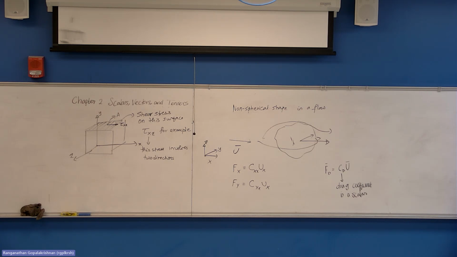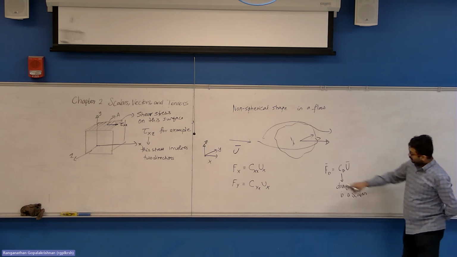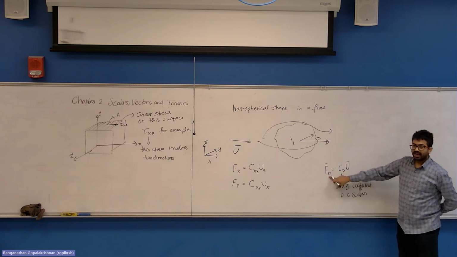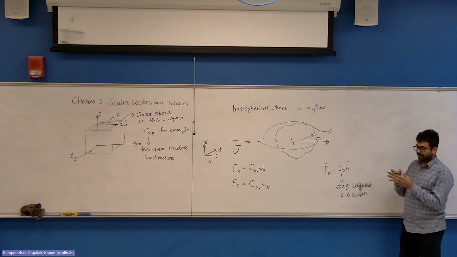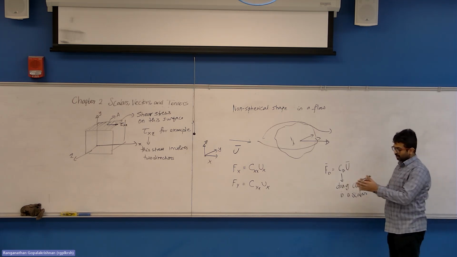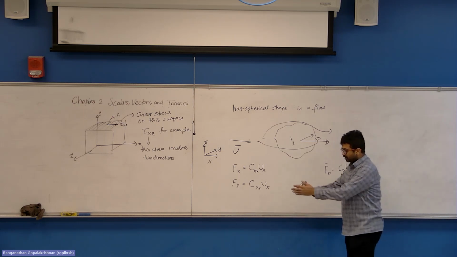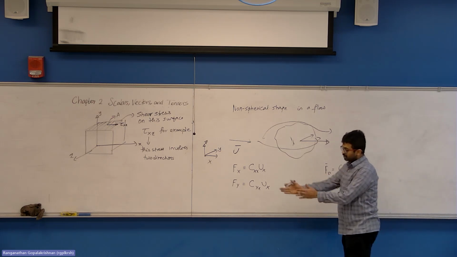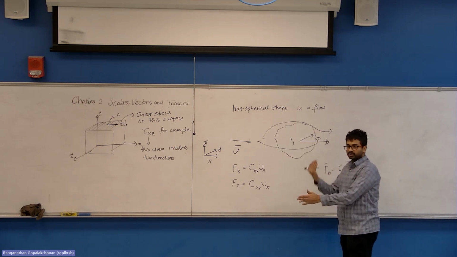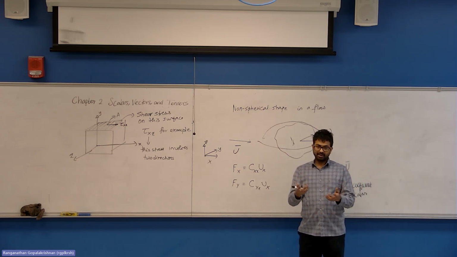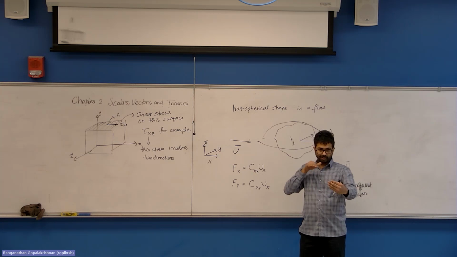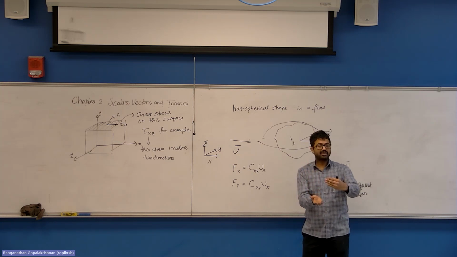But I just established through qualitative arguments that this drag force can have components due to not just the velocity along a particular direction. The flow is moving this way, but the force is not just along this way, it's along this way and also this way. And this is for the same reason a helicopter takes off. A helicopter encounters a flow in one plane, but because of the rotor motion, it also experiences lift force, right?